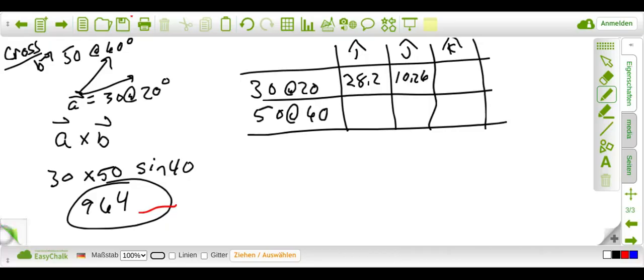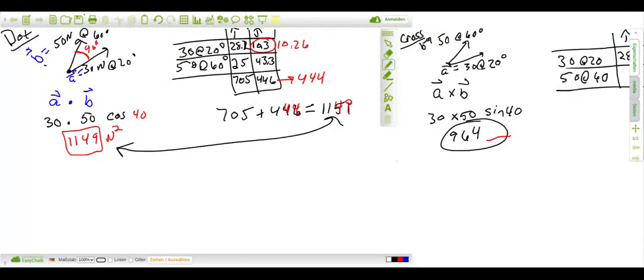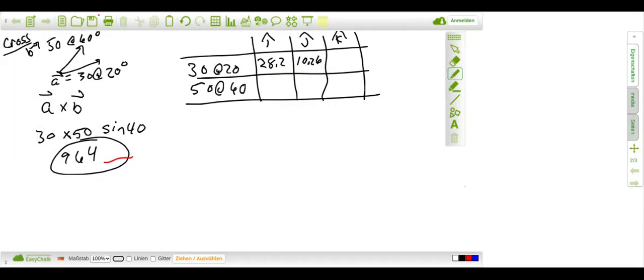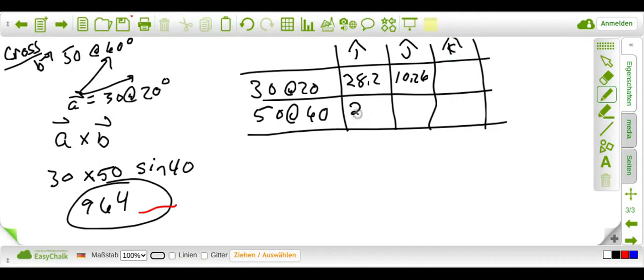And then for the Y values, we'll have 25 and 43.3. This does not go in the K direction. So we put this in as zeros. These vectors are laying on the plane. Now, if they're coming out off the paper, you would put some values here.